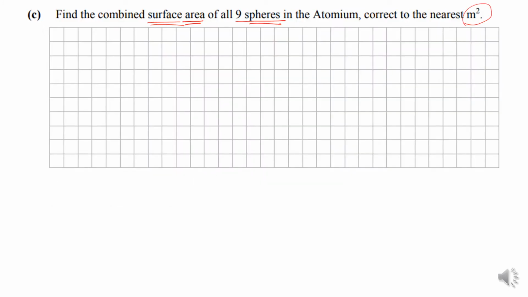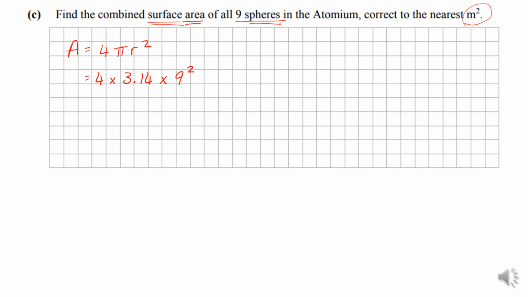We've seen in the previous part that you get marks for writing down the correct formulas. Let's do that firstly. A equals 4 pi r squared, and that's for the surface area of a sphere. Let's fill in our numbers. So 4 multiplied by pi, 3.14, multiplied by the radius, which is 9, squared.